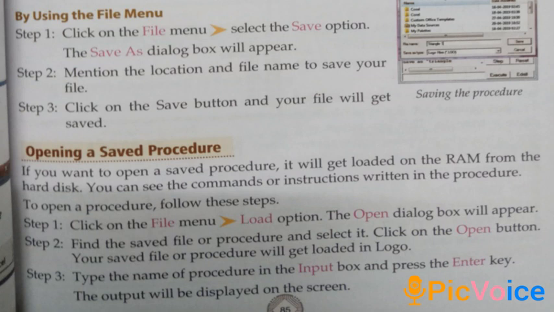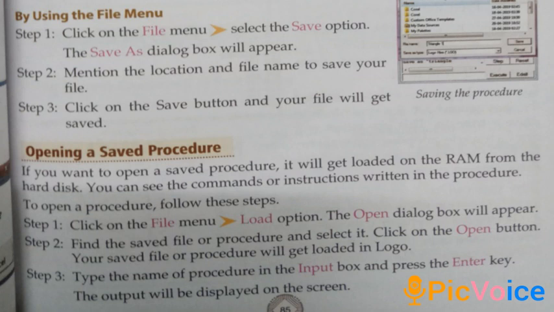Click on the File menu, Load option. The Open dialog box will appear. Step 2. Find the saved file or procedure and select it. Click on the Open button. Your saved file or procedure will get loaded in Logo.